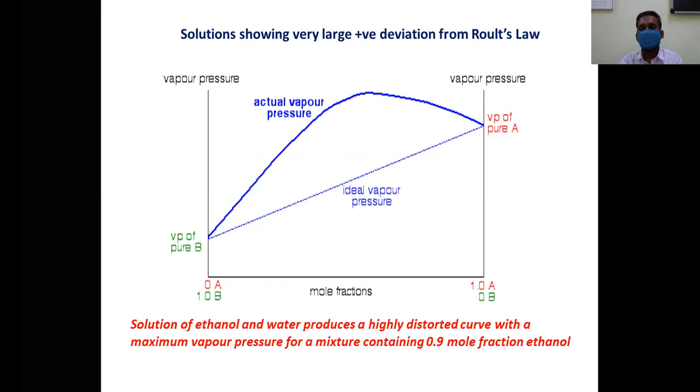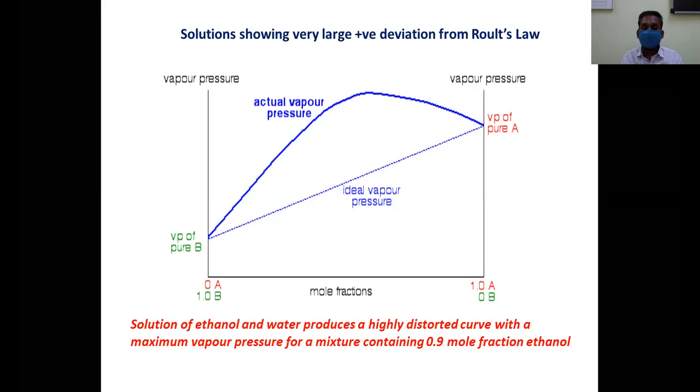For 0.9 mole fraction of ethanol. So the remaining 0.1 is water. So if I take 0.9 mole fraction of ethanol and 0.1 mole fraction of water, that solution has the maximum vapor pressure compared to pure ethanol, pure water or a solution of any composition. It will have maximum vapor pressure.